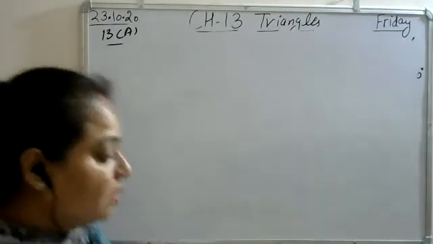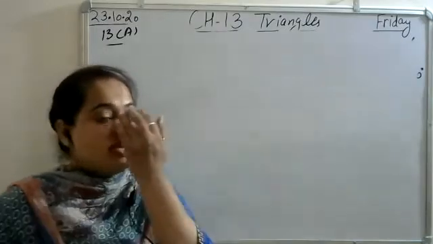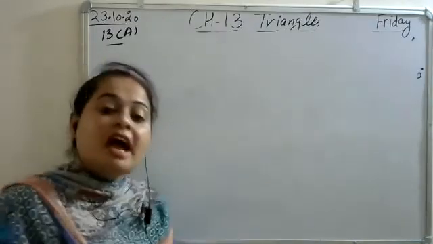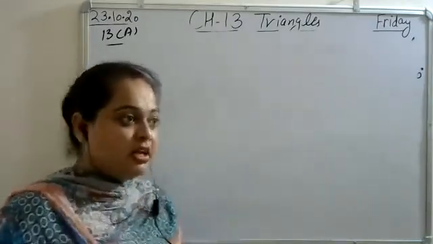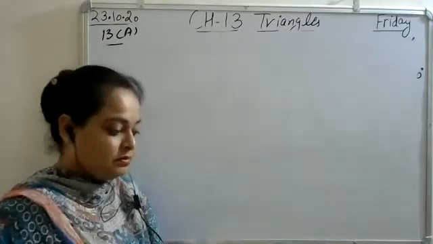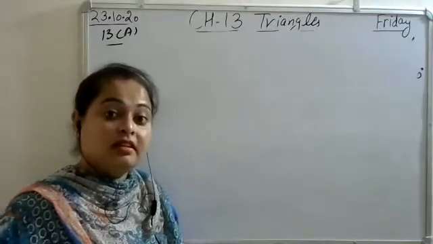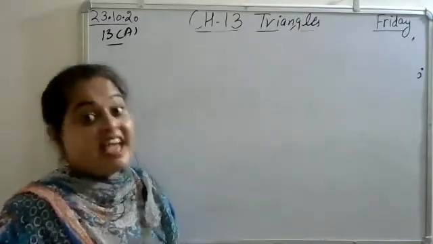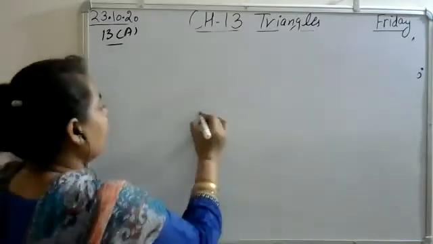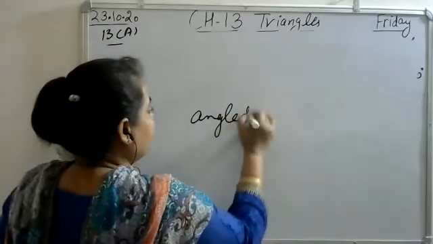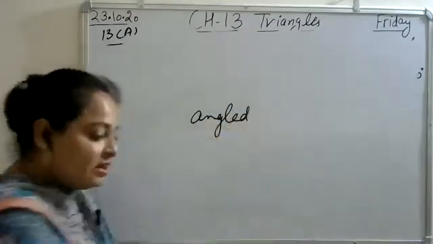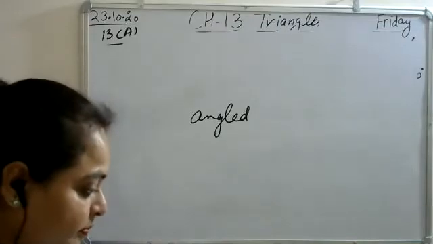Good morning, ma'am. Good morning. Kritagya, what is the name of a triangle in which we have one angle is 90 degree? Right angled triangle. Yes, angled word is very much compulsory. Right angled triangle. Very good.